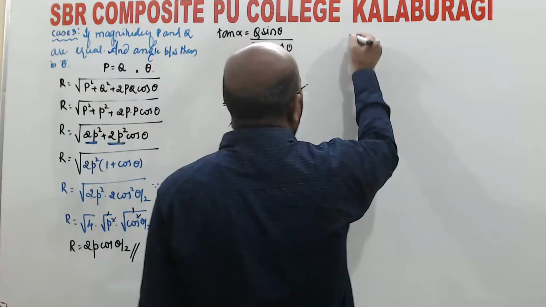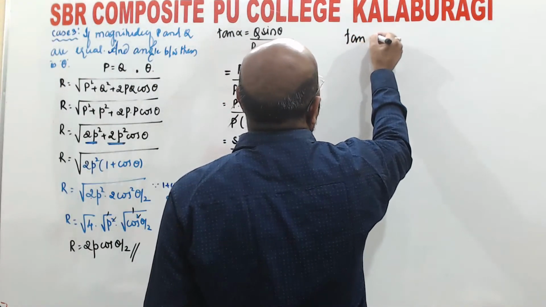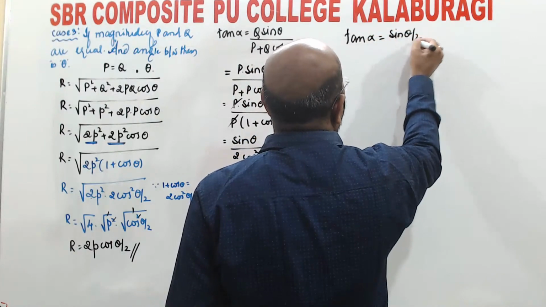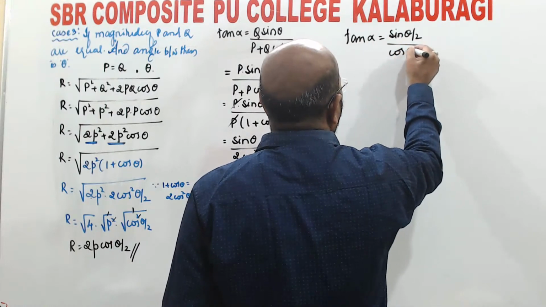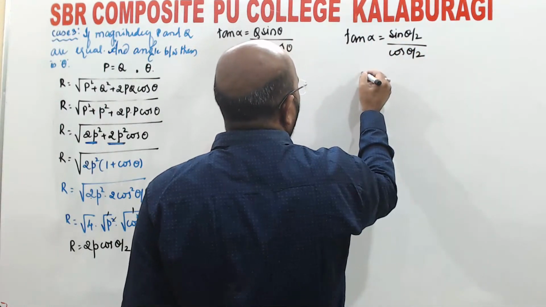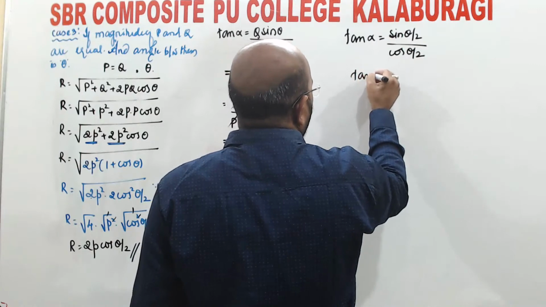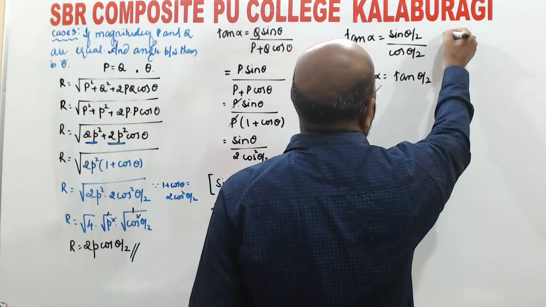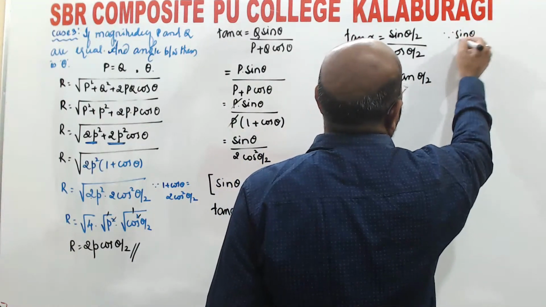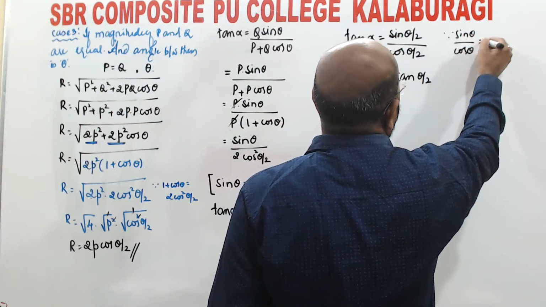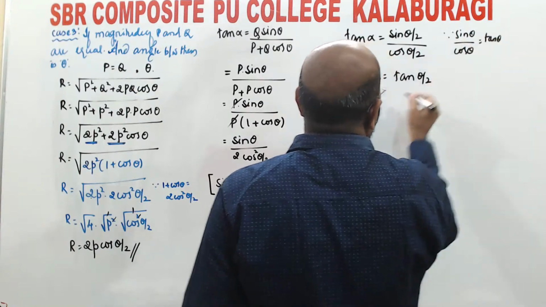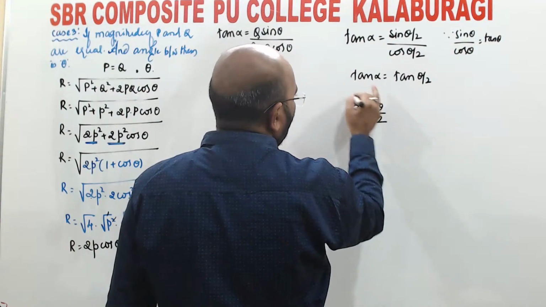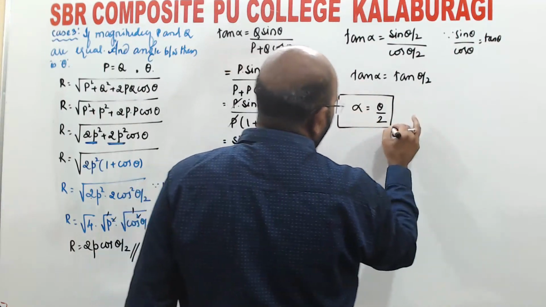Then we get tan alpha is equal to sine of theta by 2 divided by cos of theta by 2. This is tan of theta by 2, because sine theta divided by cos theta is equal to tan theta. Hence, by equating, we get alpha is equal to theta by 2. This is the corresponding resultant.